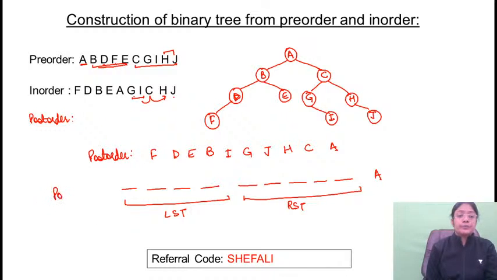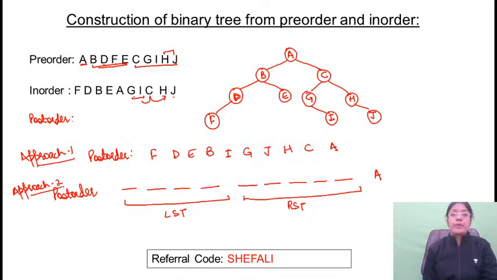Post order. This is approach 1. Trick. With trick we got the answer, and this is approach 2 for finding the post order. In detail, I had discussed this in the previous session also, so you can refer to that session.